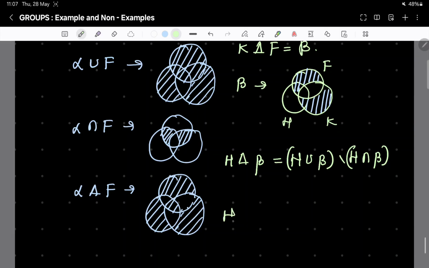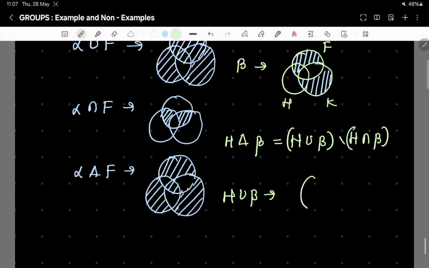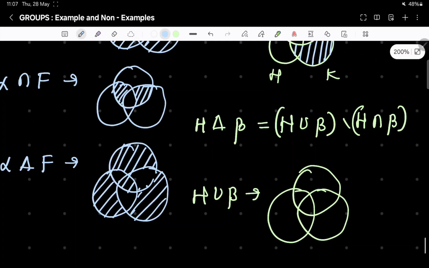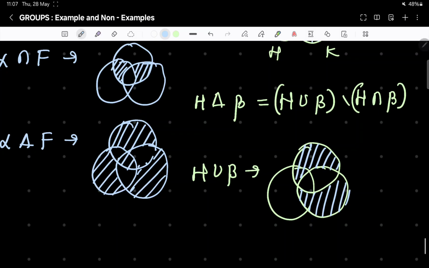So let's draw H union beta. You have already this fellow, that is K delta F, then you union with H, right?